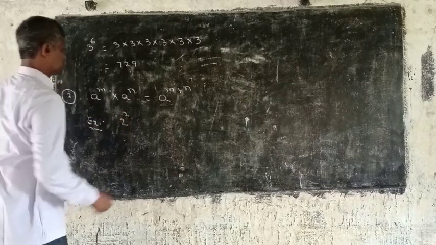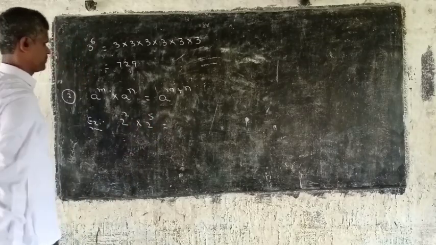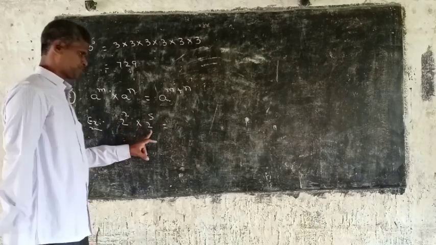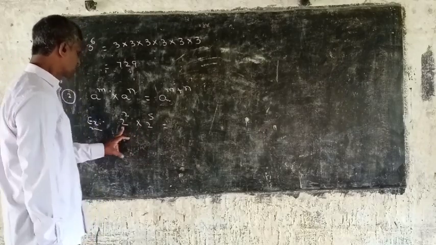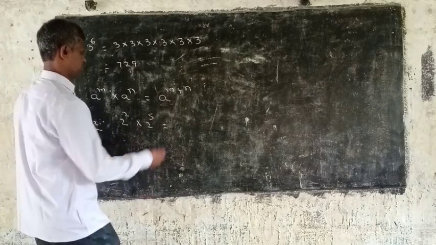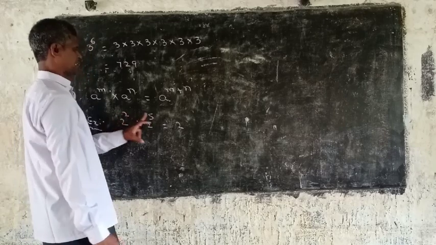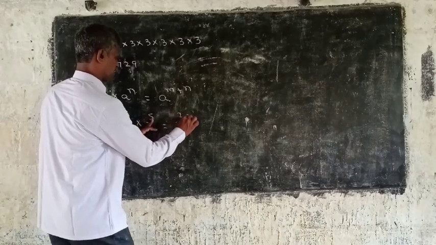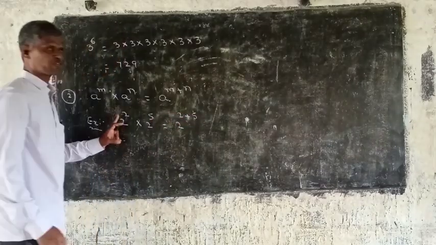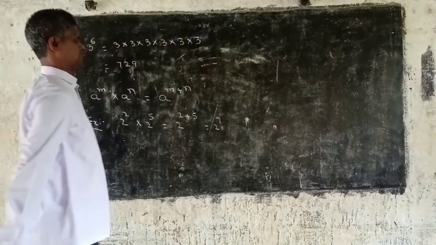Two square into 2 power 5. 2 is the base. Bases are equal, so multiplication changes into addition. The exponents are added: 2 plus 5. 2 to the power of 2 plus 5 equals 2 to the power of 7.